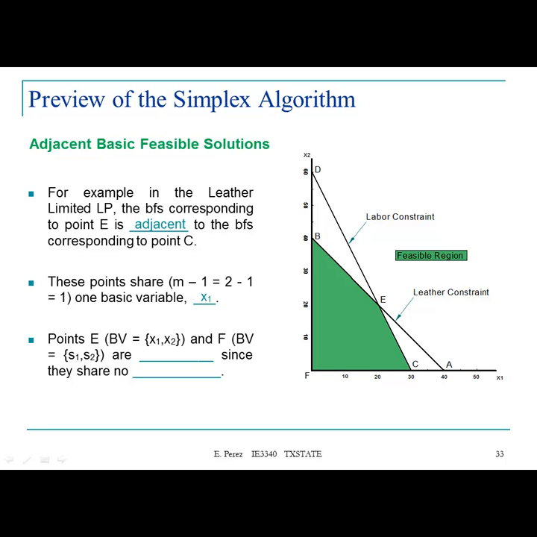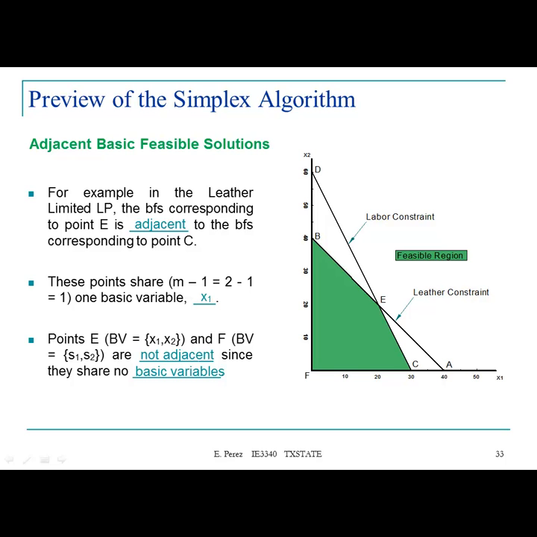They share x1. And point E has the basic variables x1 and x2, and F has basic variables s1 and s2, so they are not adjacent. So we have E and F, which don't share any basic variables.